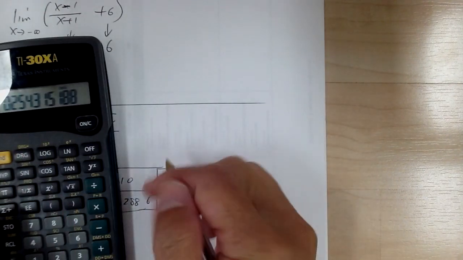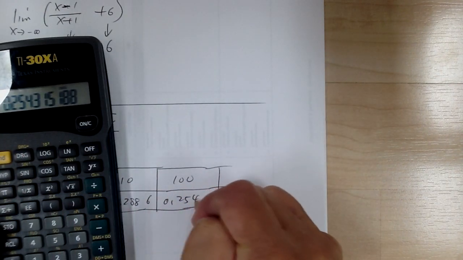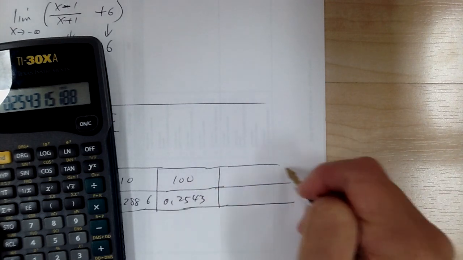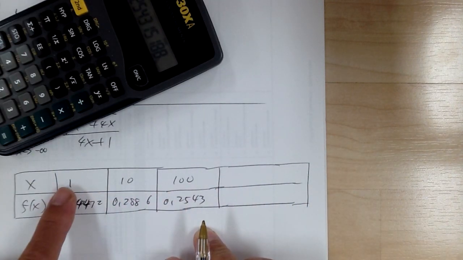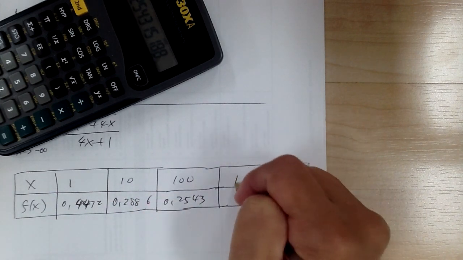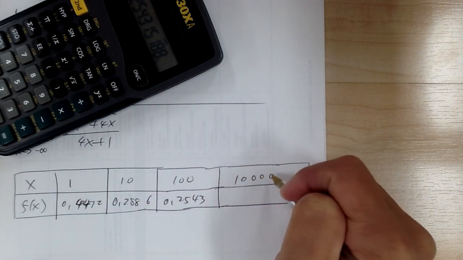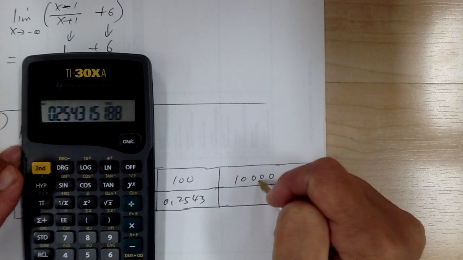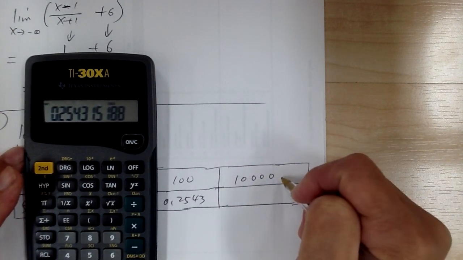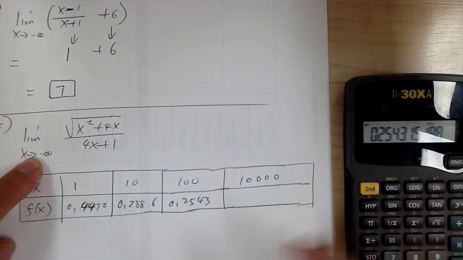So you're going to get 0.2543. So instead of going 1, 10, 100, you can try a really big number, like 10,000, for example, or you can even try a bigger number.